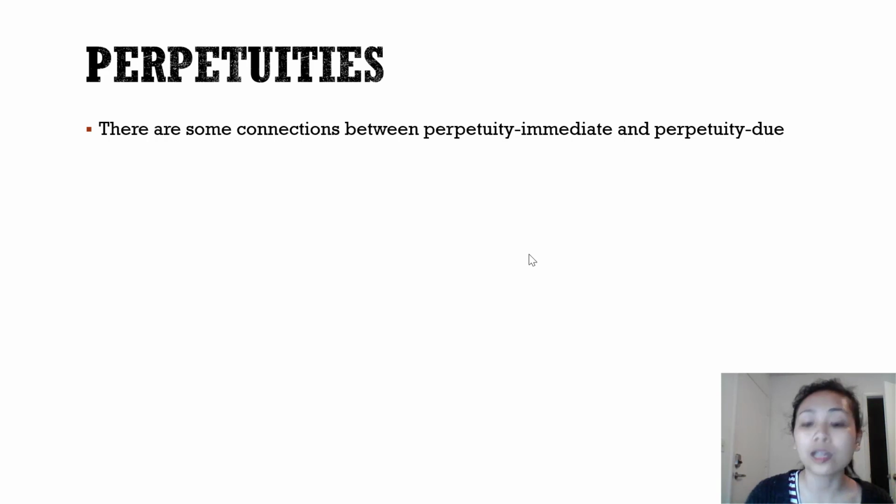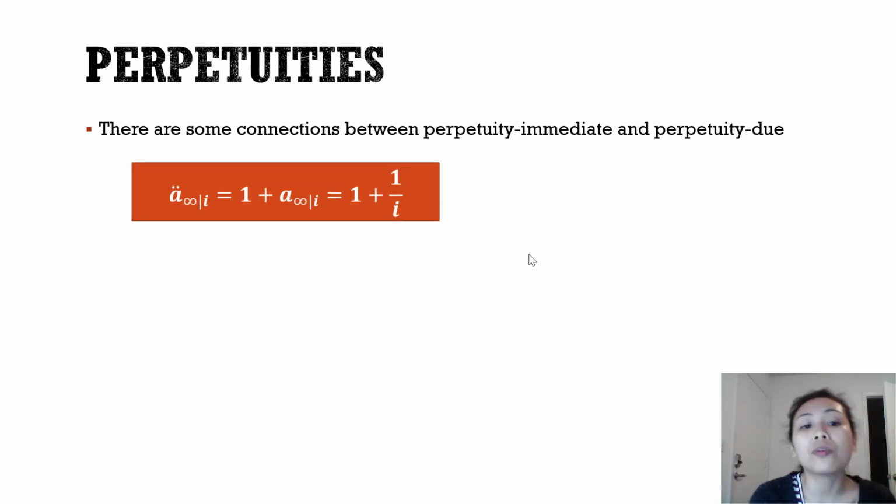The first connection, remember in the last lesson, a double dot angle n plus 1 at i is equal to 1 plus a angle n at i. This also applies for perpetuity. So a double dot angle infinity at i is equal to 1 plus a angle infinity at i. And a angle infinity at i is 1 over i.